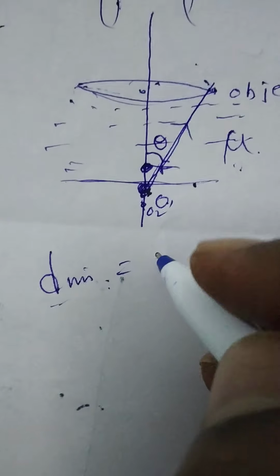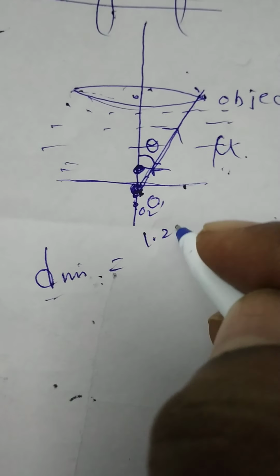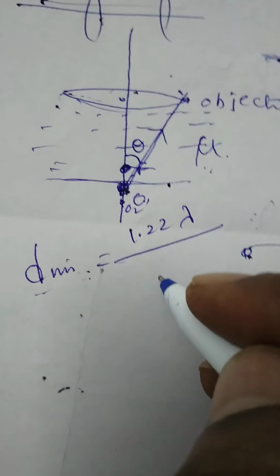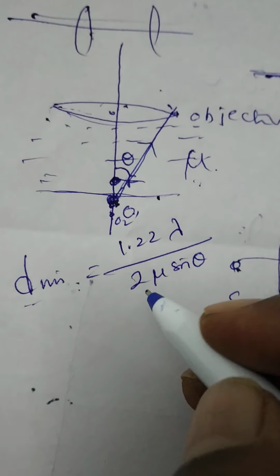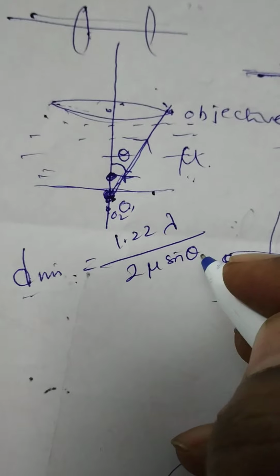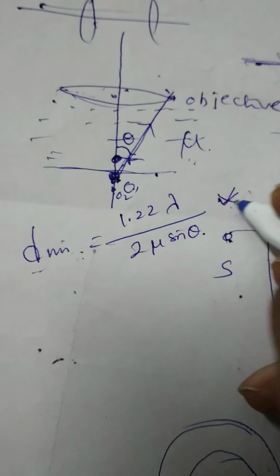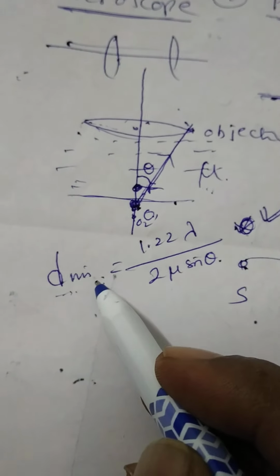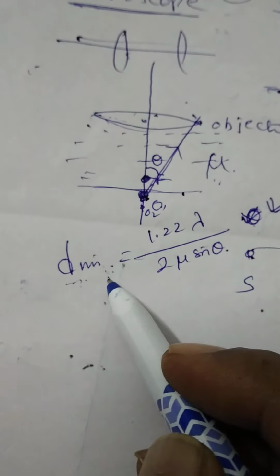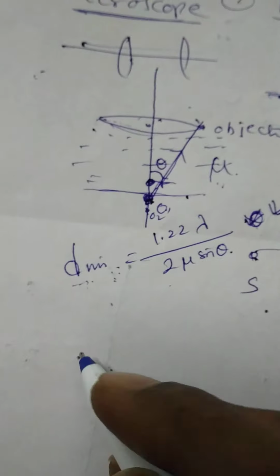Here d minimum is equal to 1.22 lambda by 2 mu sin theta. The derivation is not necessary here; only remember this formula. D minimum, the limit of resolution, is equal to 1.22 lambda by 2 mu sin theta.